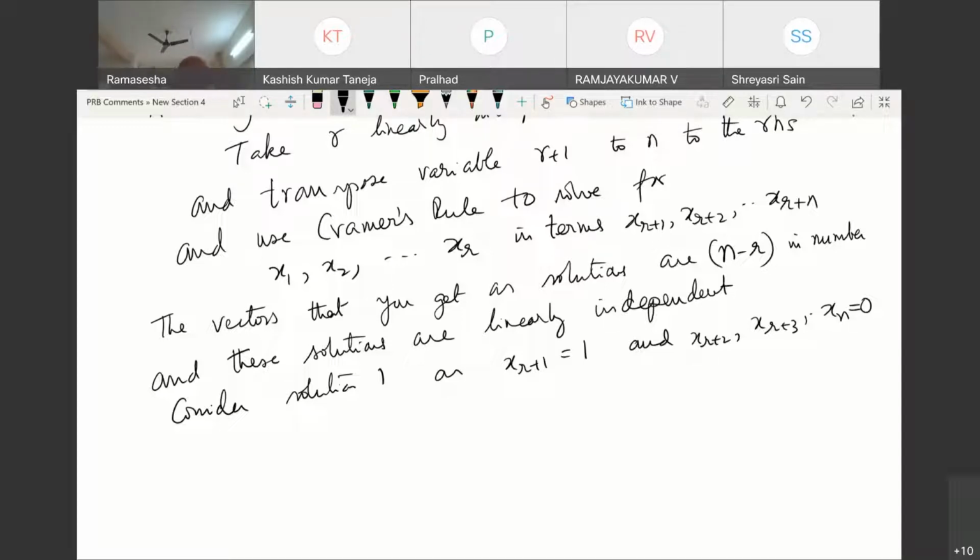So solution 1 corresponds to this. I can write solution 1 as x1, x2, ..., xr, 1, 0, 0, up to n. Right, this will be solution 1.